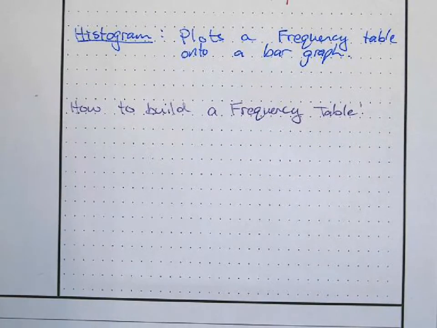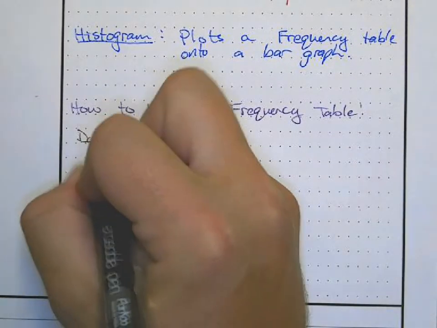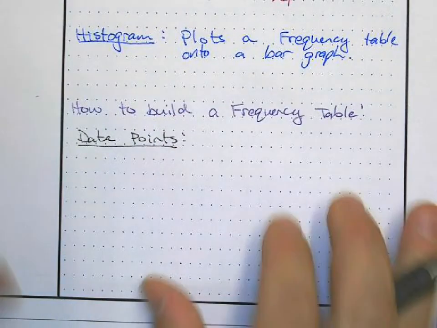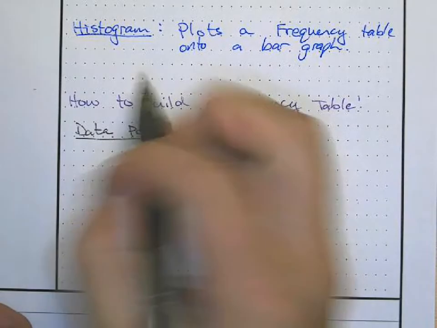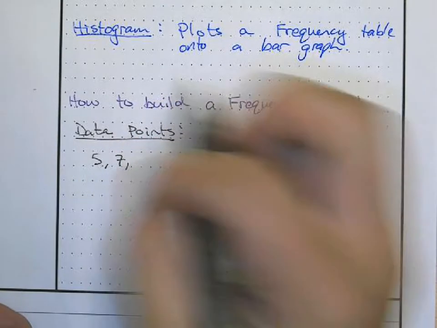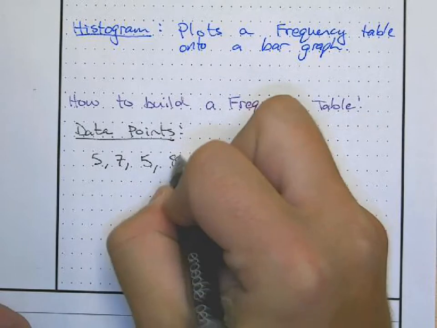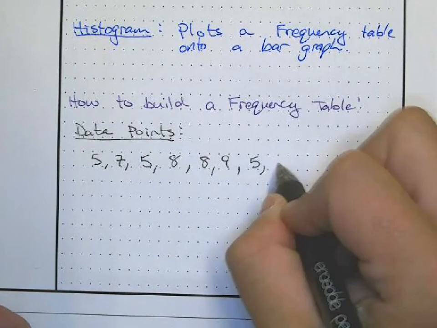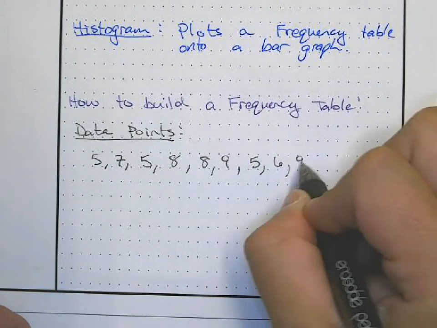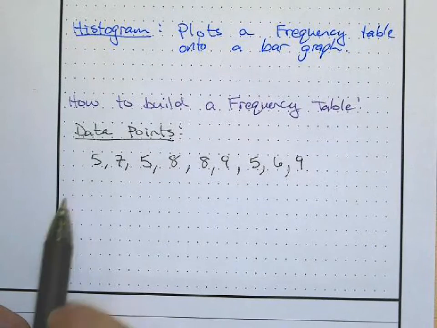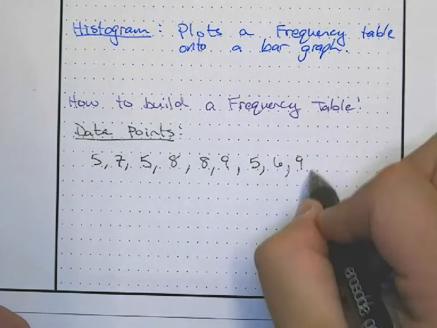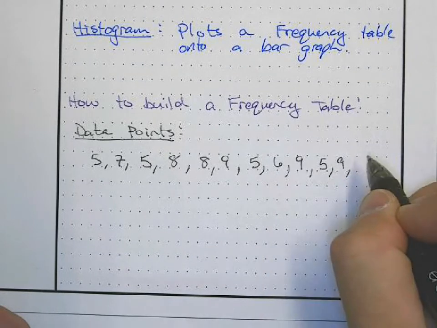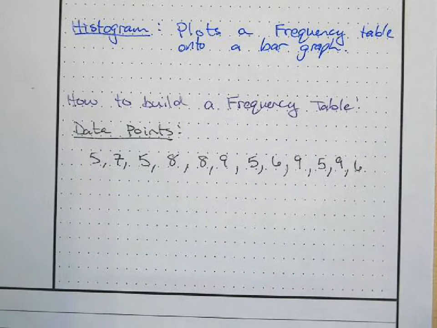Here's our data points. Our data points will be 5, 7, 5, 8, 8, 9, 5, 6, 9, 5, 9, and 6.